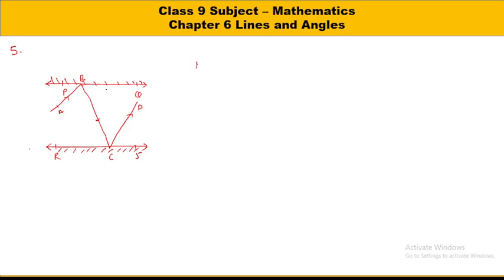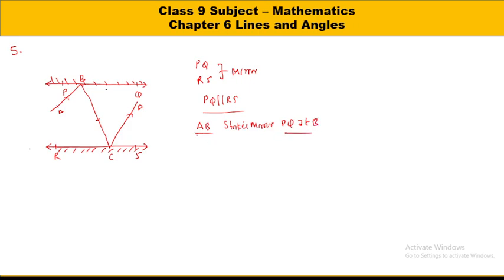So here it is given PQ and RS are two mirrors placed parallel to each other. So PQ is parallel to RS. An incident ray AB strikes the mirror PQ at B. We can see in the figure.